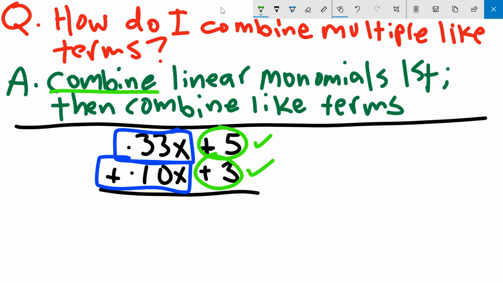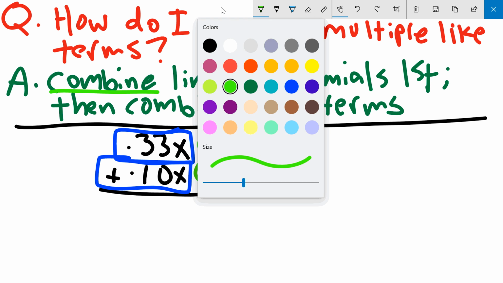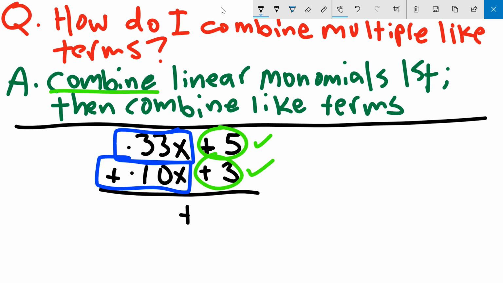We got a positive 5 plus a positive 3, which is a positive 8. And then this 0.33x plus positive 0.10x is going to give us 0.43x.